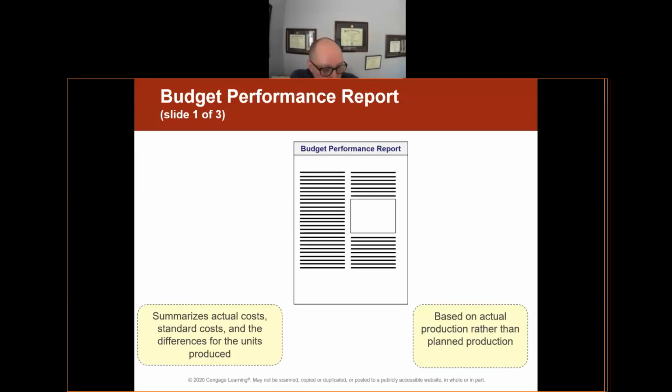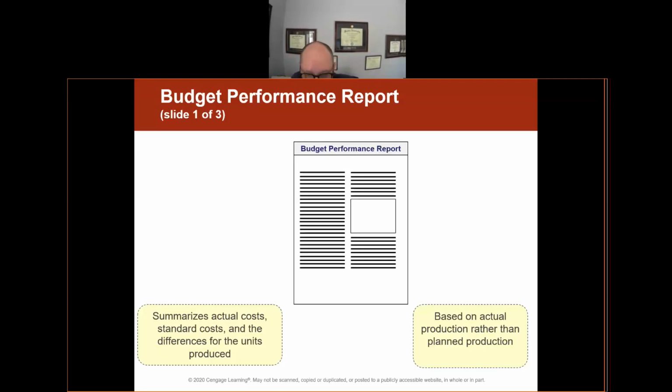Now, as we know, since this is managerial accounting, we have a lot of internal reports. One of those reports is called the Budget Performance Report. What this does is it summarizes the actual costs, standard costs, and the differences for the units produced.